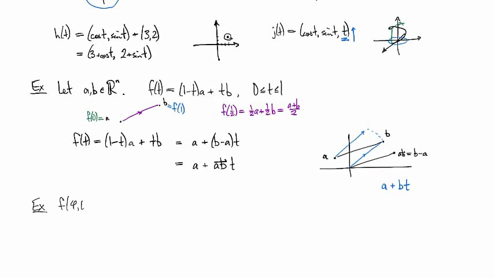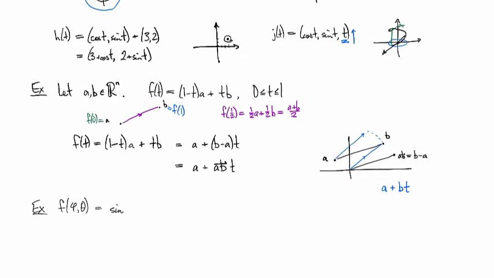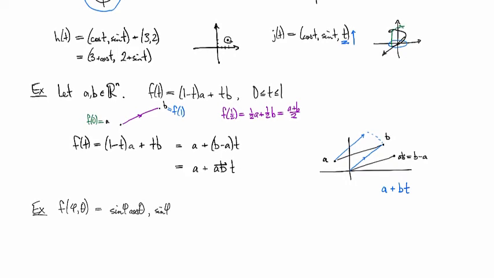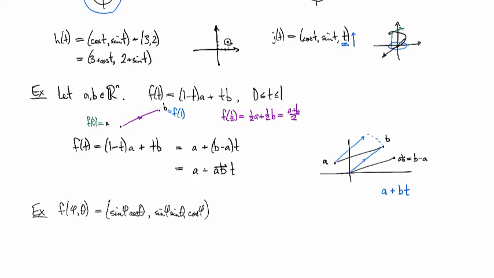So let's take our variables to be phi and theta because they're most commonly used for this. And we'll take our output to be sine phi cosine theta, sine phi sine theta, and cosine phi. So this is a map from R2 to R3.